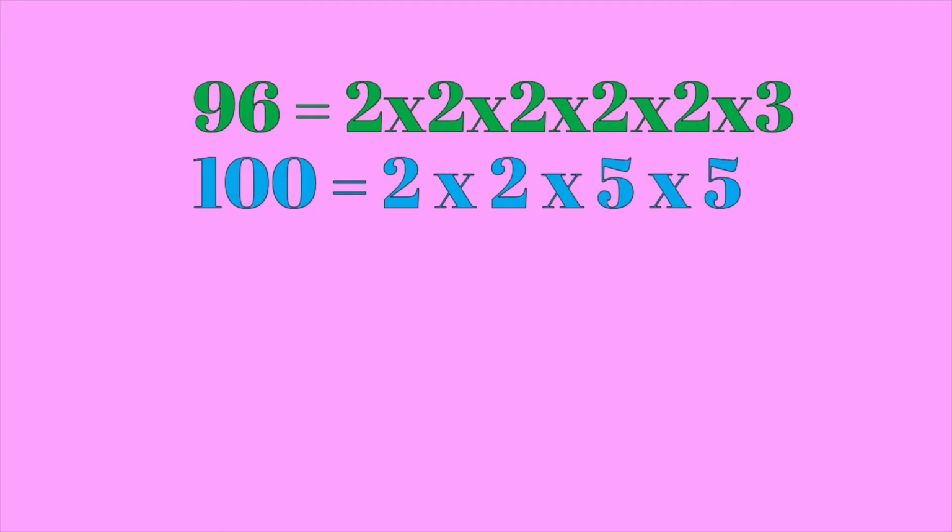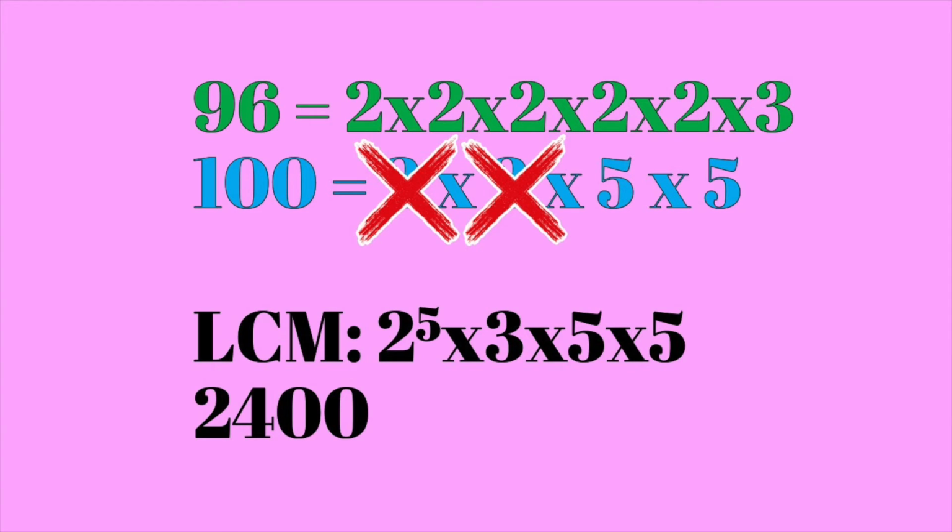Now, if you put these side by side, you can see that there are 2 2s that overlap. So basically, here you can get rid of 2 2s, but all the other prime factors we have to leave in the final number. So what that comes out to is 2 to the 5th power times 3 times 5 times 5. If you multiply that together, you get 2400.